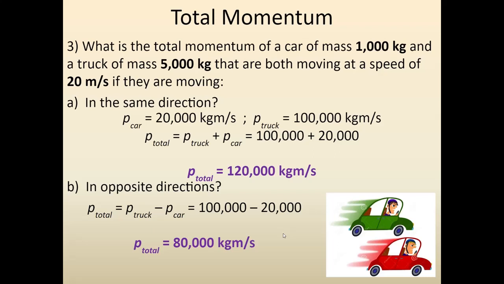You have one basic equation and the idea that momentum is a vector that you have to add and take care of direction. I will point out that as far as direction is concerned, typically you'll only have to deal with momentum in one dimension. So the objects will either be moving in the same direction or in opposite directions. It's very rare that you will see ones where they're moving in perpendicular directions.